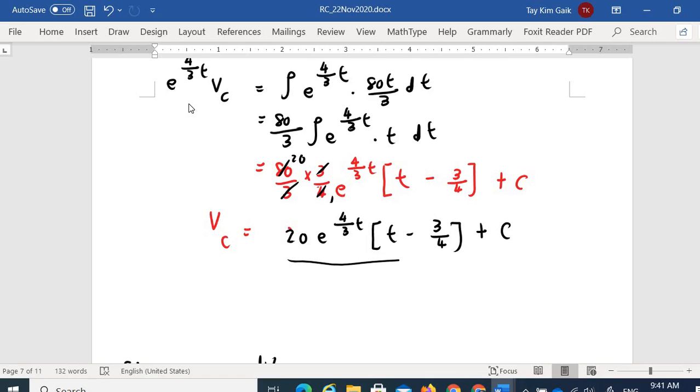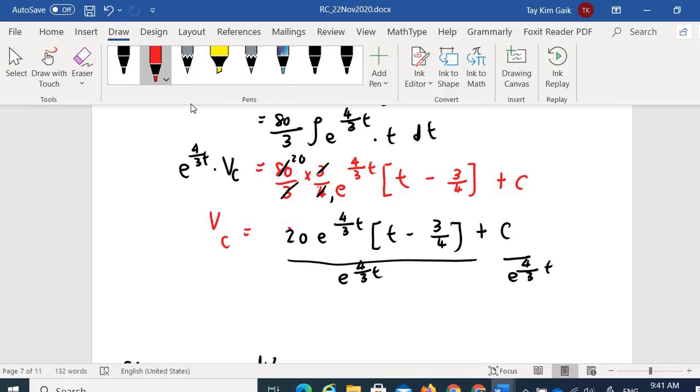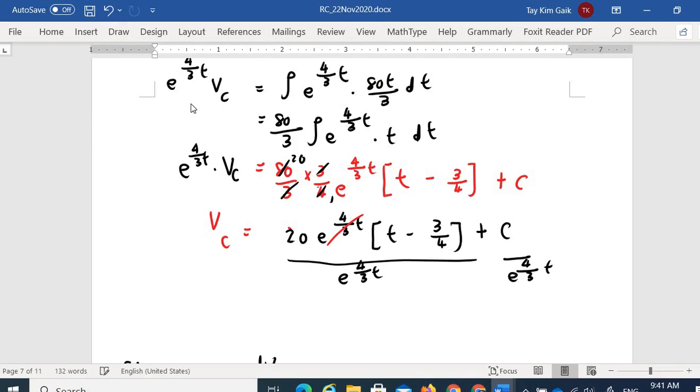This term you divide by exponent 4 over 3t, this one also by exponent 4 over 3t, because initially this is exponent 4 over 3t times VC. You just want VC, so you divide both sides by exponent 4 over 3t.